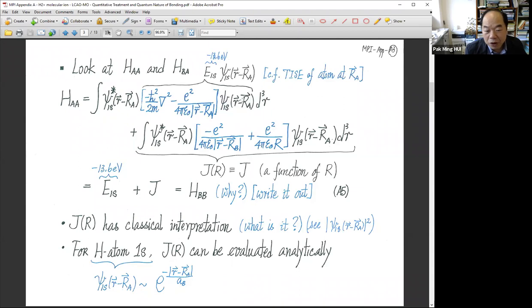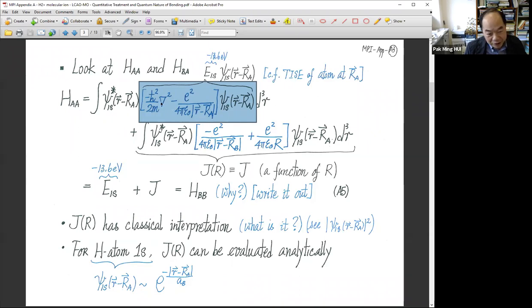Then I need to insert the whole Hamiltonian. So the whole Hamiltonian is what I wrote in blue, okay, for your convenience. So I just separate the 4 terms. For the reason that you realize this term is the hydrogen problem of the left-hand side.